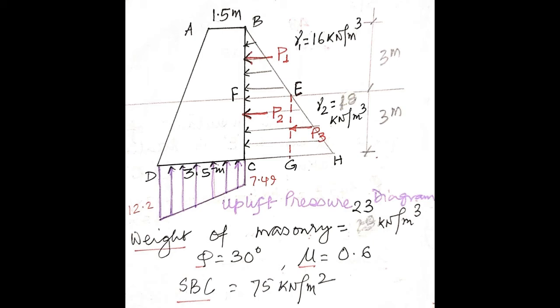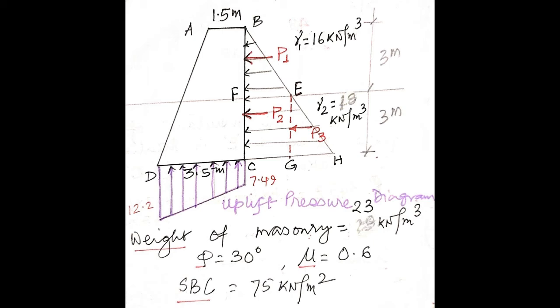Top 3 meter has one unit weight, the bottom 3 meter has another unit weight. So the active earth pressure at the top 3 meter we have to find separately, P1, and the bottom 3 meter height is a trapezoidal distribution, so we have to divide it into 2 parts, one rectangle plus one triangle.